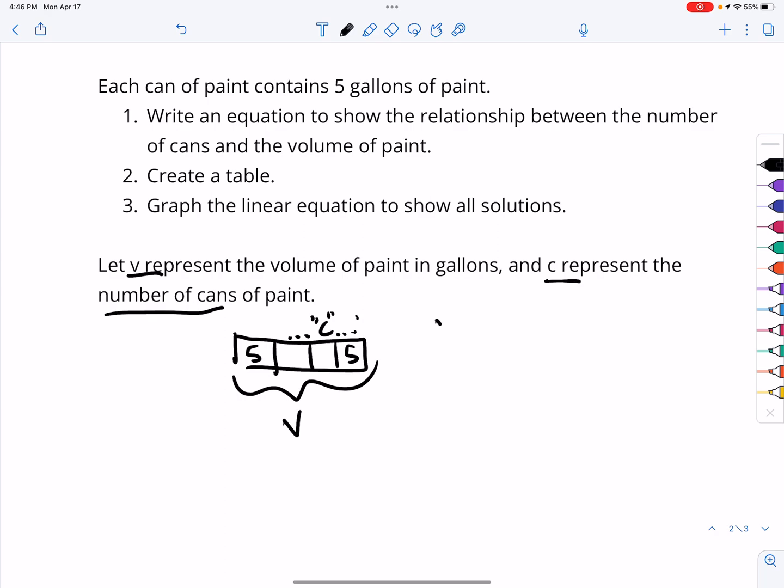So it looks like our volume equals 5 times C. Oh, but that's not how we write algebra. We would write it as volume equals 5C. And this seems to make sense. If we had 1 can and we substituted that in there, we would have 5 gallons. So V would equal 5 times 1. V equals 5. Hey, check it out. It does work.